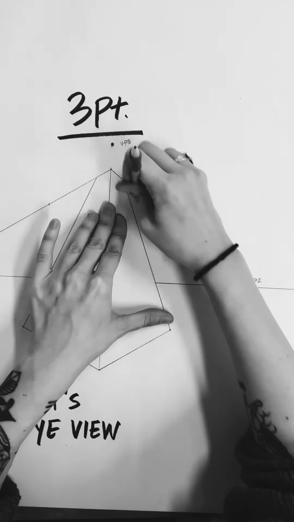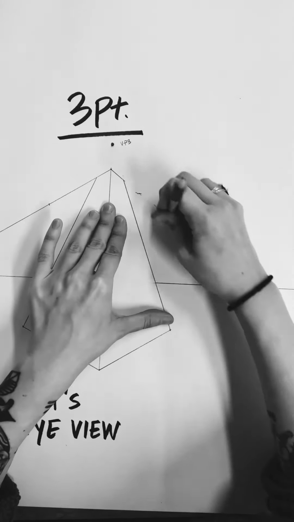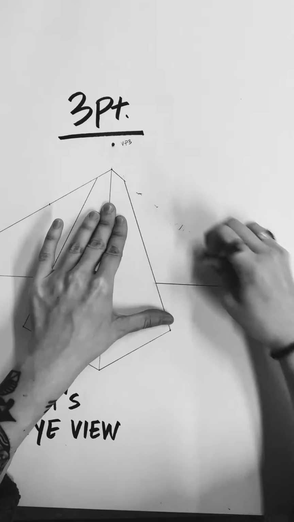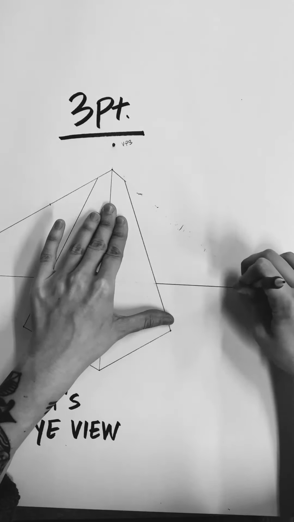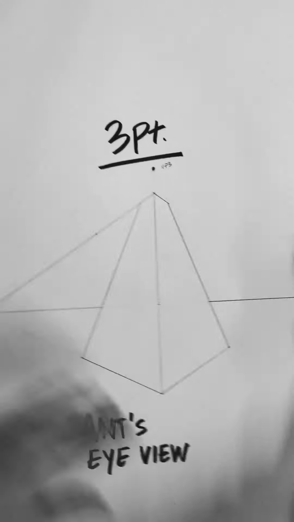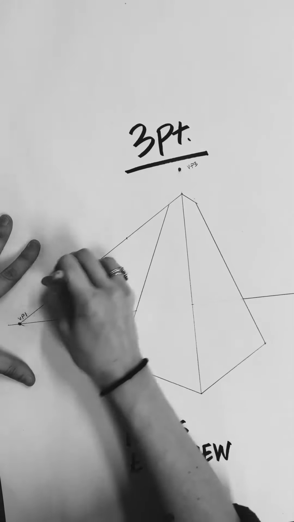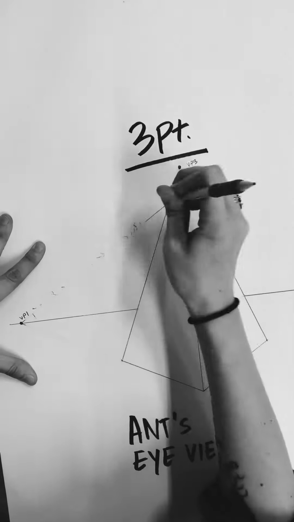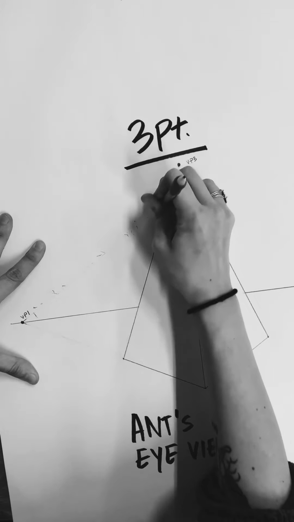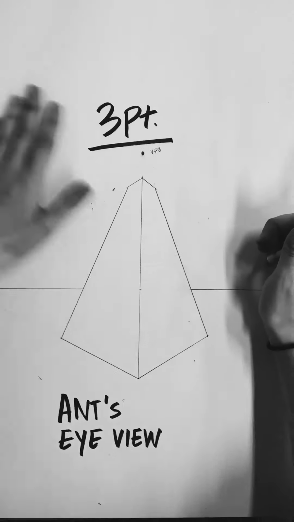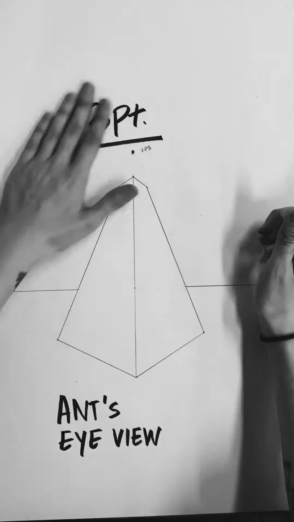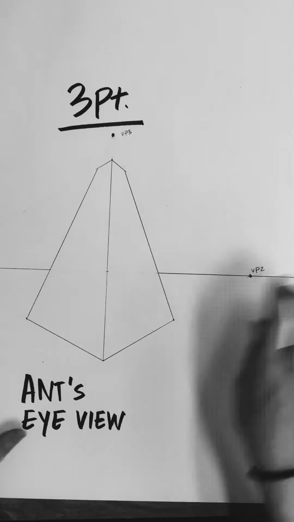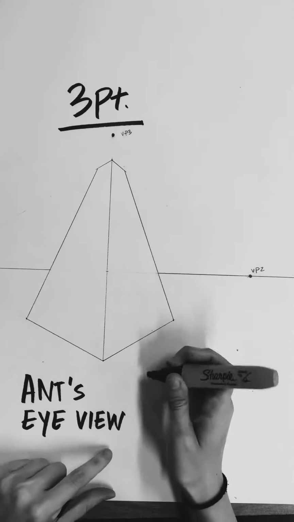All right, 2 more lines, and then we'll really see what we're looking at. All right, so imagine this is a building and we have our little ants.